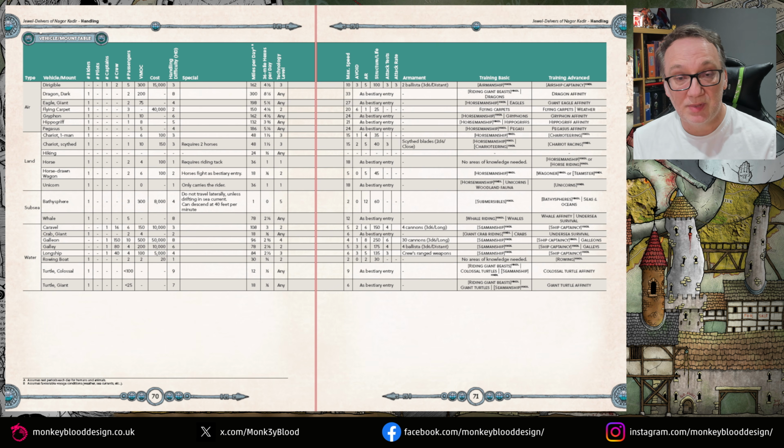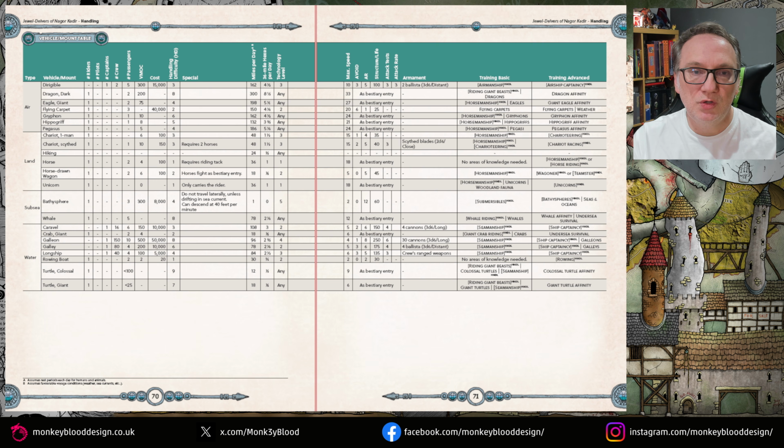So generally speaking, some things like a horse or a rowing boat don't need any area of knowledge. You're automatically considered to be basically trained to operate. Some other vehicles and mounts you have to have basic training, and basic training means having the right areas of knowledge.